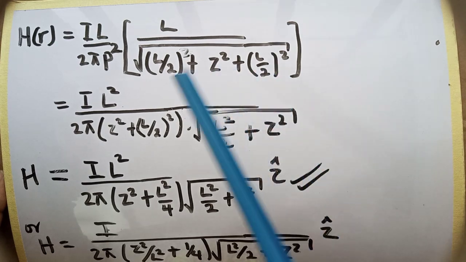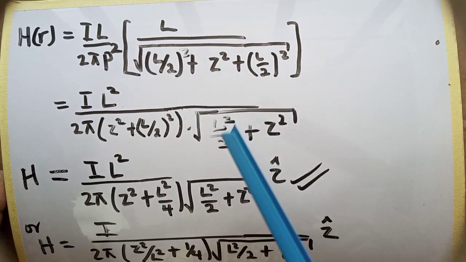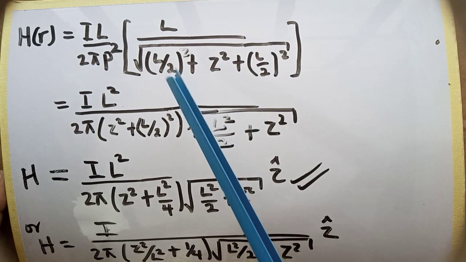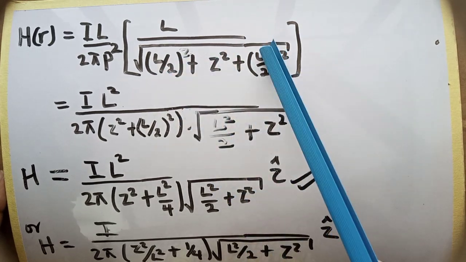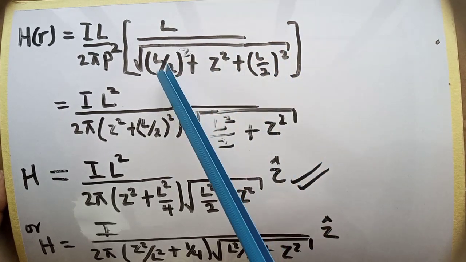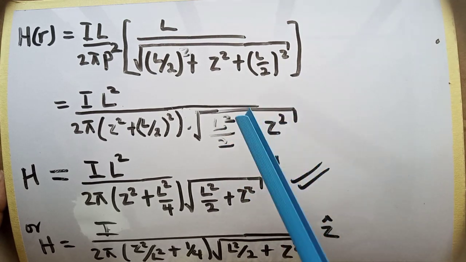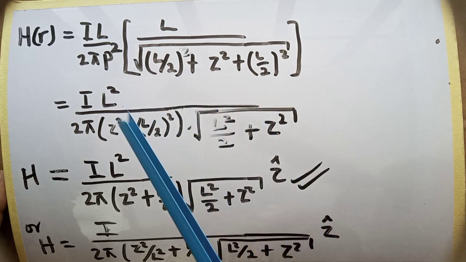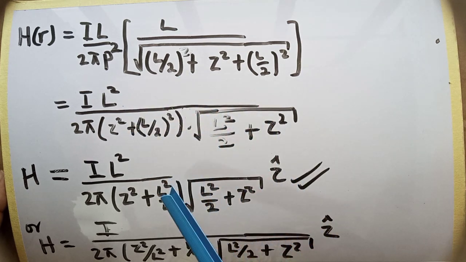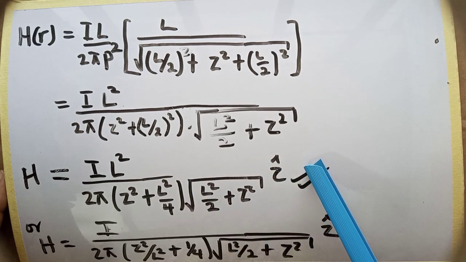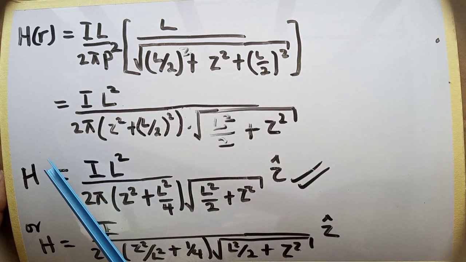If you add this plus this, it will give us L squared over 2. Because this one is L squared over 4, L squared over 4. L squared over 4 plus L squared over 4 will give us L squared over 2 plus Z squared. Now that we have this expression, we can bring it down in this form, which is given by this. So we can end here as our final expression for H.